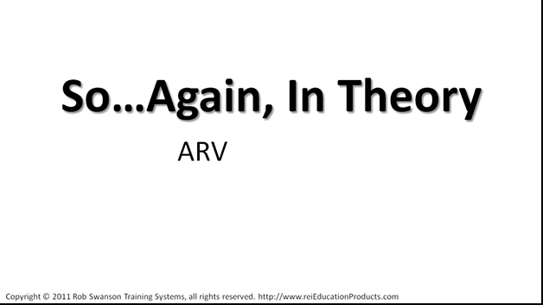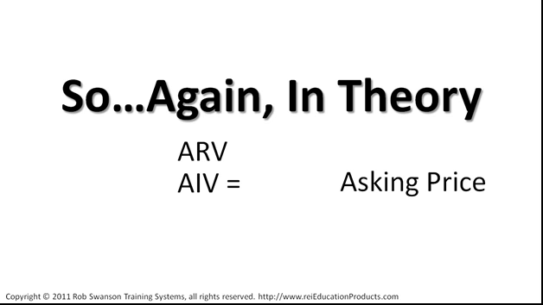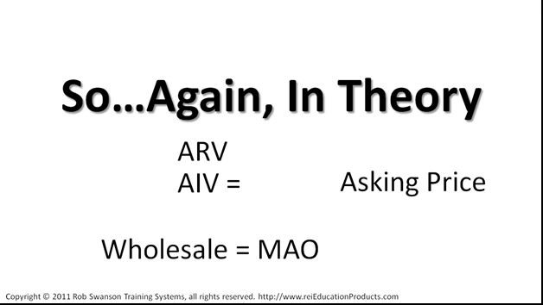So again, in theory, you have the after repaired value, which is the fixed up value of the house. You always know the condition of the after repaired value because it's the fixed up finished value of the house. The as-is value is then the after repaired value minus the fix up cost, and in theory that should equal the asking price, but as you're going to see in a moment, it's not always true. Below that is the wholesale value of a property, or your maximum allowable offer.